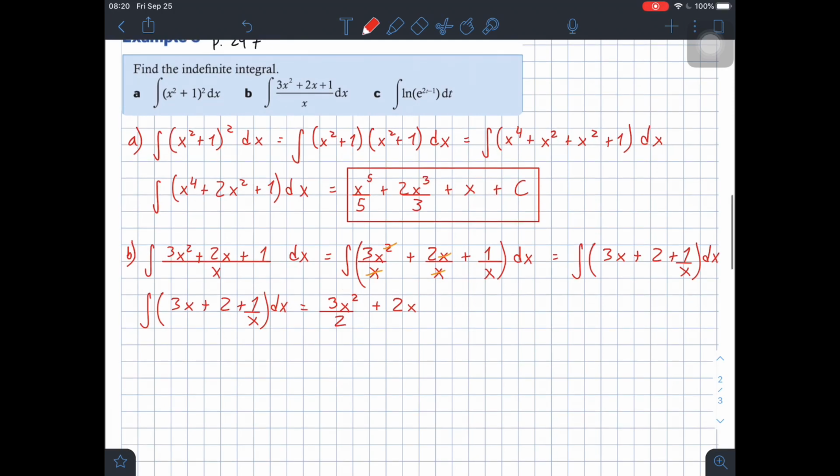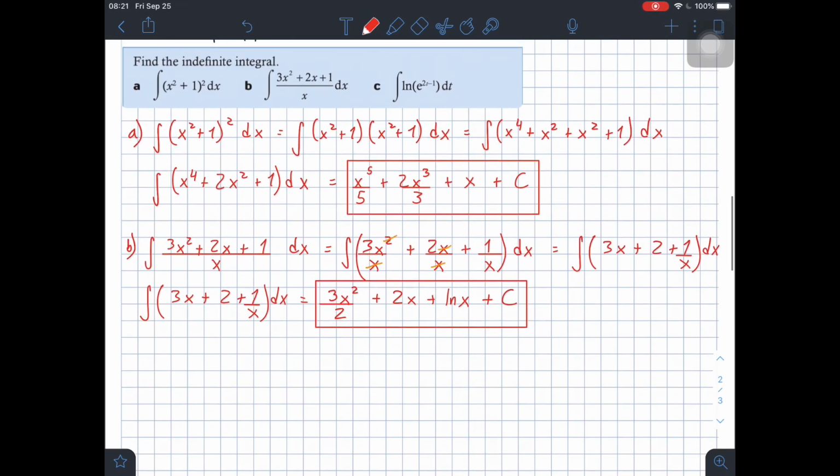The integral of 1 over x is natural logarithm of x. And don't forget the plus c. So this would be the integral of that whole expression, you see? We can convert this into simpler expressions just by doing some previous algebraic process.